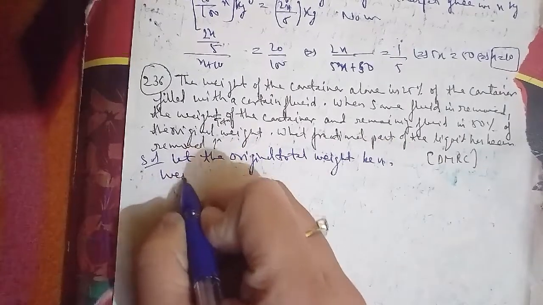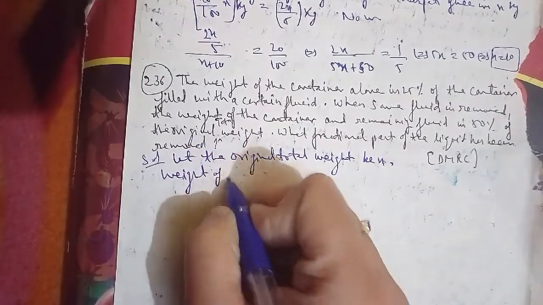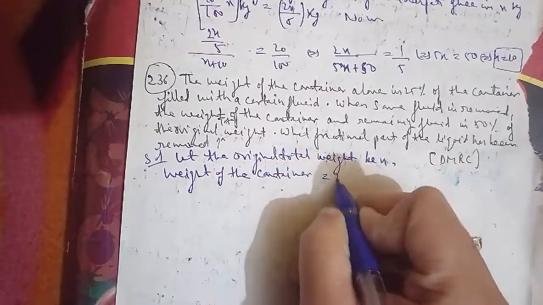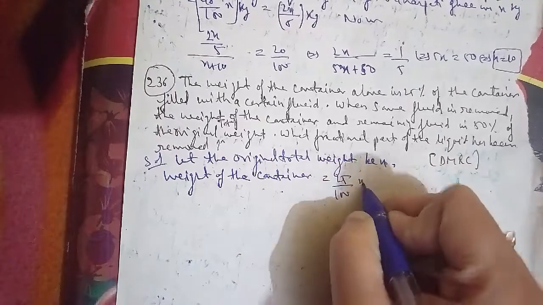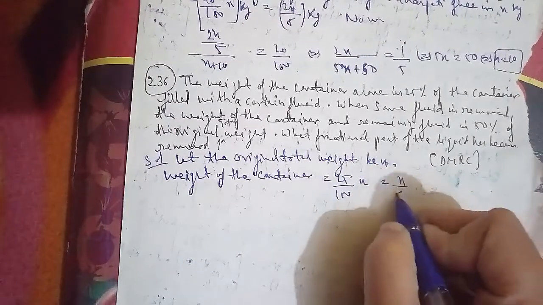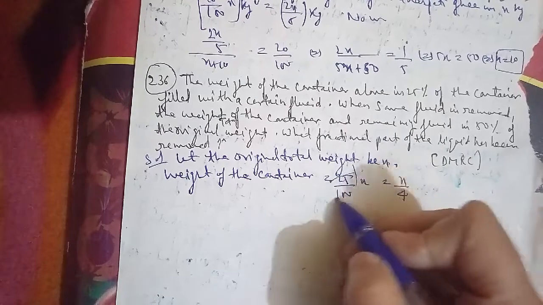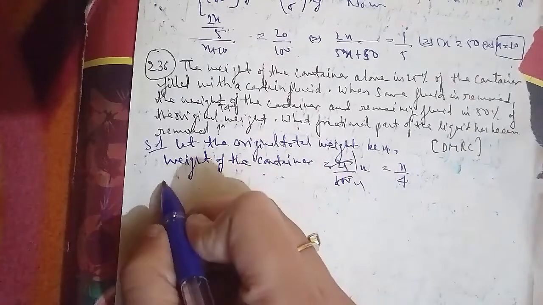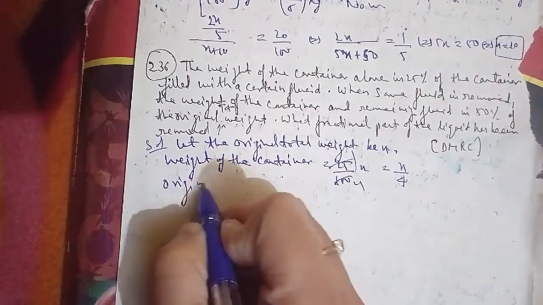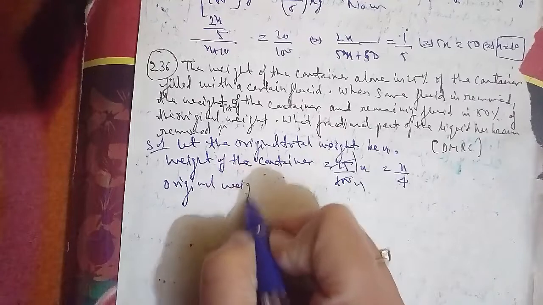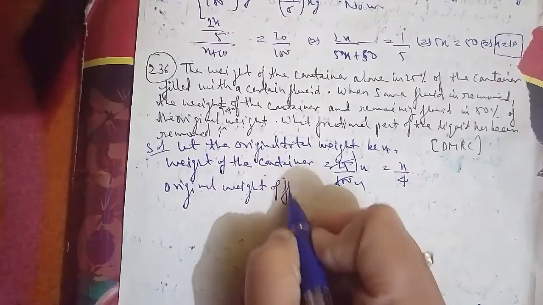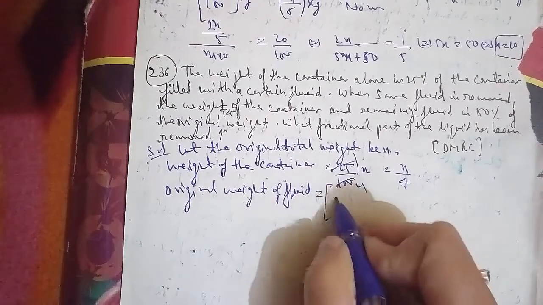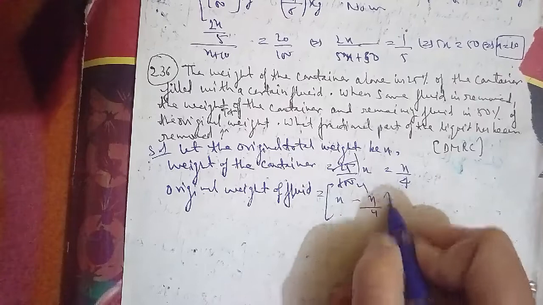Original weight of fluid equals x minus x upon 4, which equals 3x upon 4. Now the new weight of container plus fluid equals 50 upon 100 x, which is x by 2.